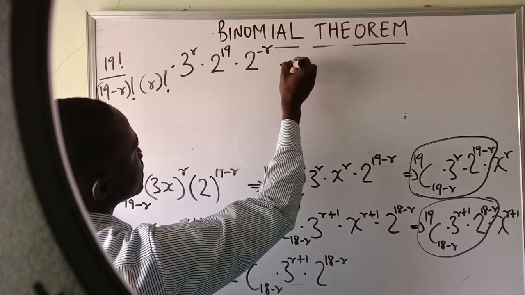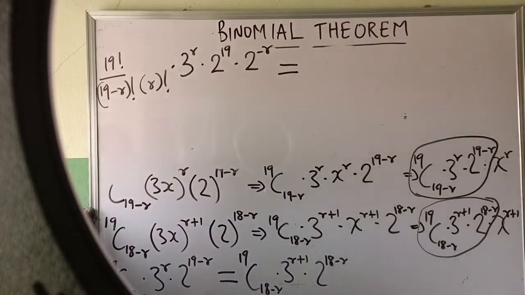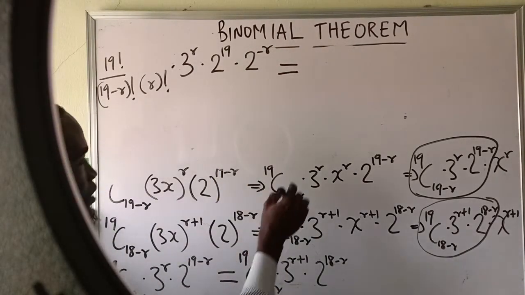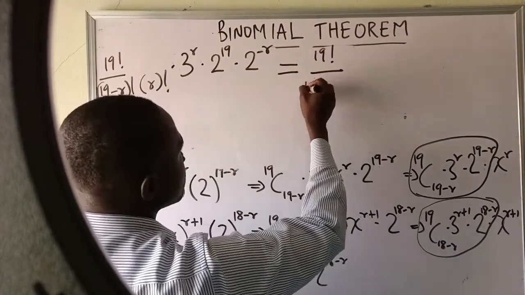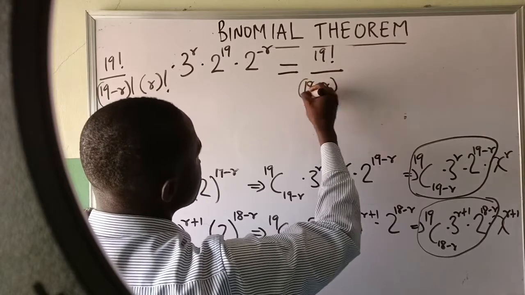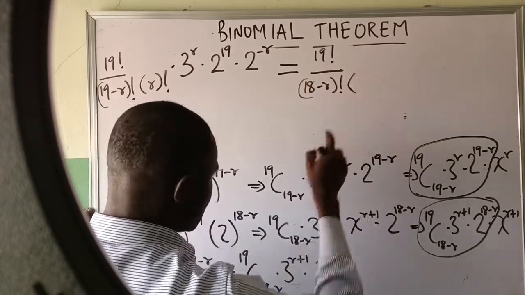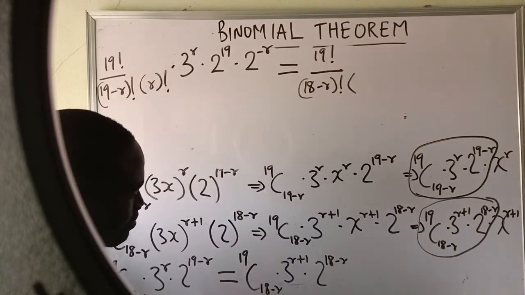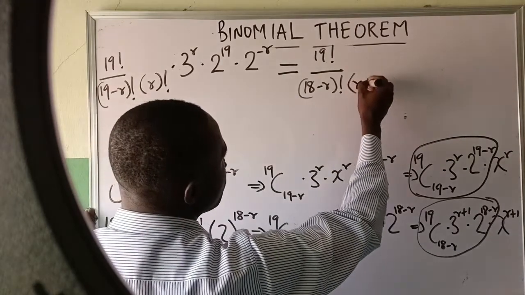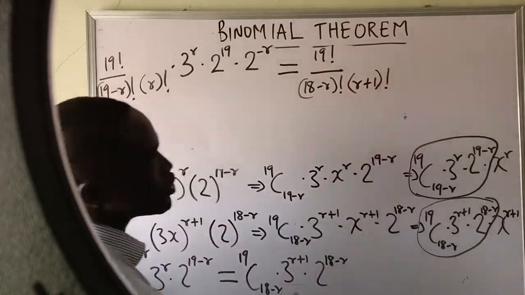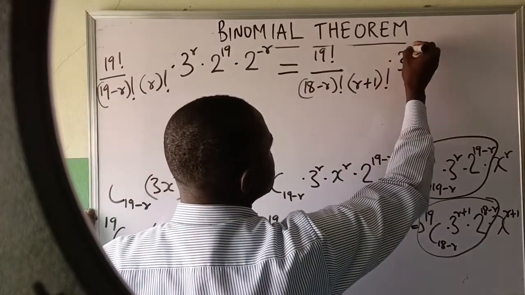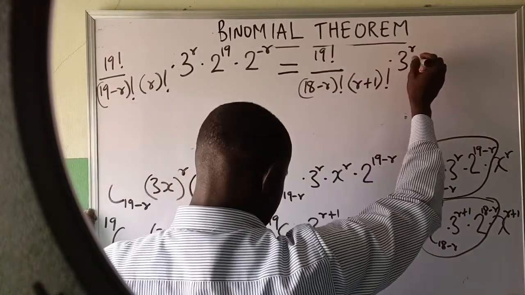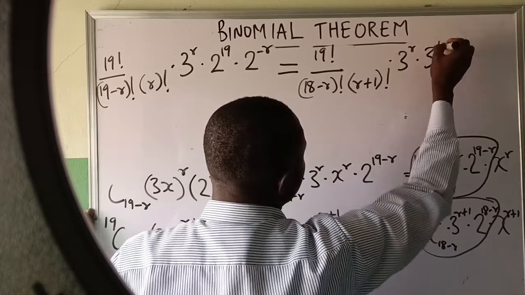We say it is equal to, we come to this: 19 factorial all over 18 minus r factorial, bracket 19 minus 18 minus r will give us r plus 1 factorial because we got it before. Then times 3 raised to the power of r times 3 raised to the power of 1.